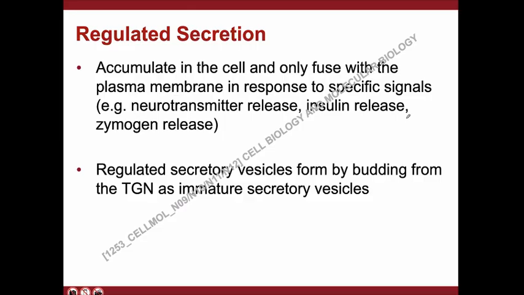So this is what occurs during regulated secretion. An important example of this is neurotransmitter release and the release of insulin from pancreatic beta cells in response to glucose and the release of zymogens from pancreatic acinar cells in response to calcium or endocrine hormones.